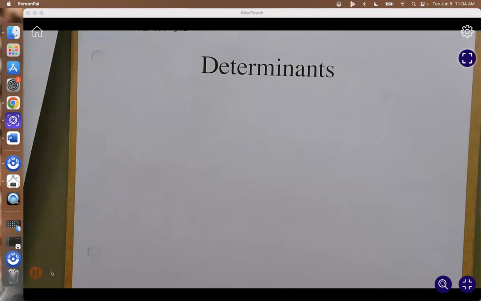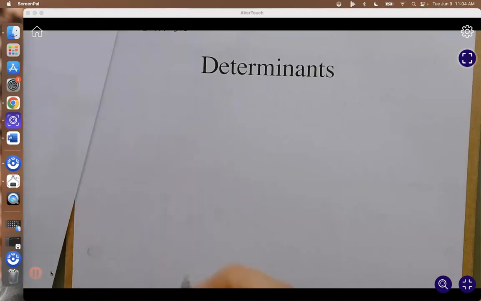Alright guys, today we're going to look at section 3.5, which is determinants. Okay, so first of all, to find a determinant, you must have a square matrix. And we talked about square matrices when we started this.